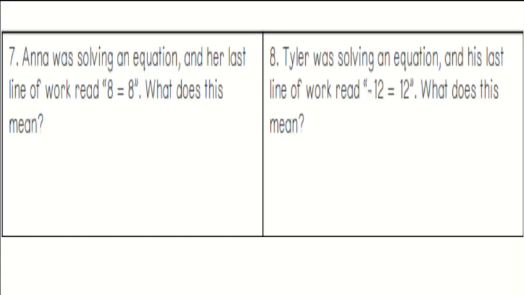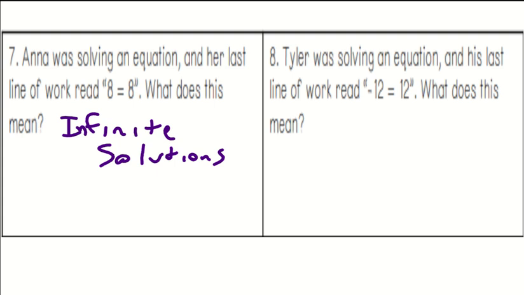All right, so if we look at 7 and 8 here. Anna, solving an equation, she gets 8 equals 8. What type of answer did she get? Infinite solutions. If you get one number equals itself, that's going to be infinite solutions.